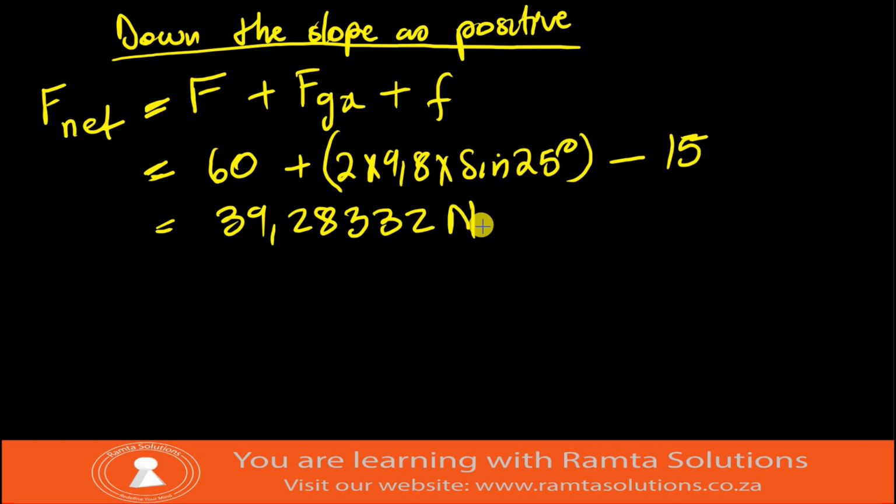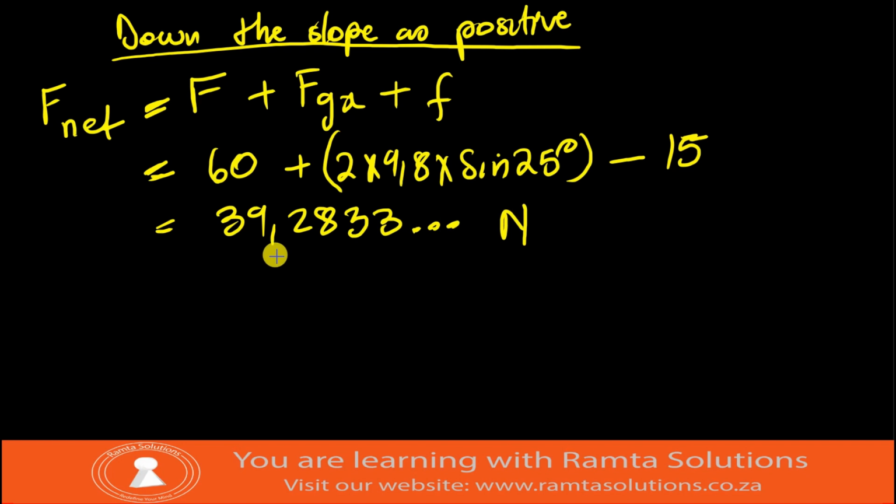Remember, our final answer is in 3 decimal places. So if in the middle of my calculation I leave it in 5 decimal places, this will not affect my final answer that much. Okay? As you can see, this is positive work.